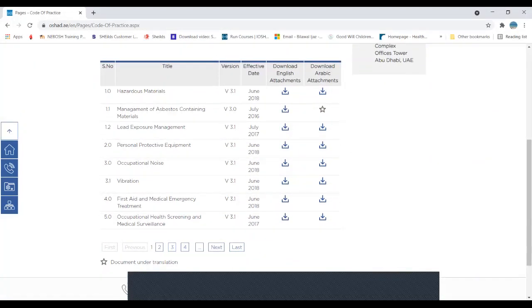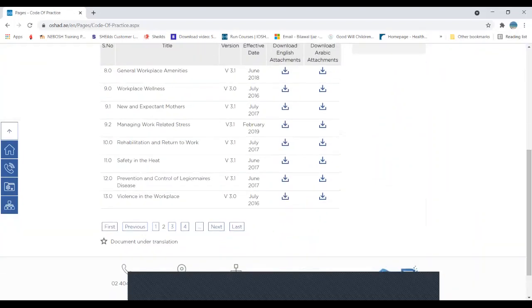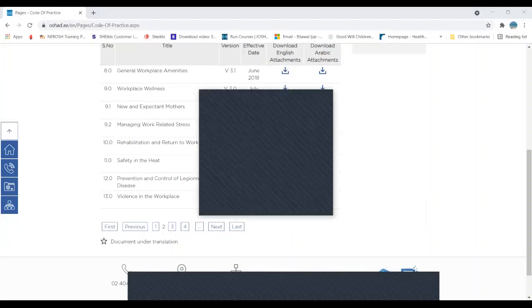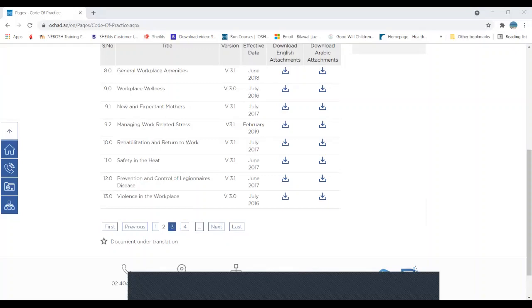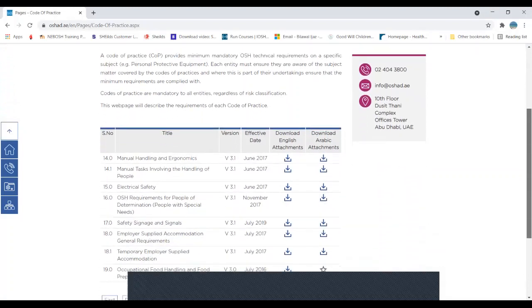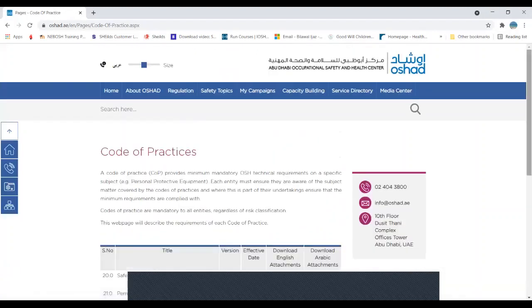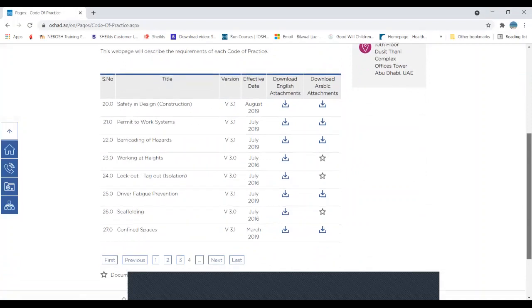Here we have hazardous materials, asbestos management, occupational health, fire safety, general workplace amenities, safety in the heat, violence at work, manual handling, electrical safety, signage, manual tasks, work at height, scaffolding, confined spaces.